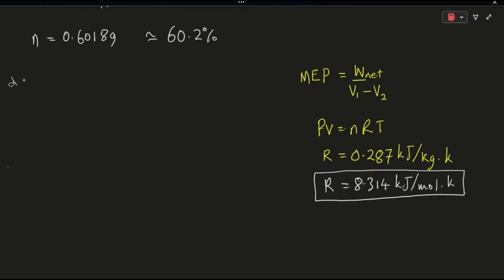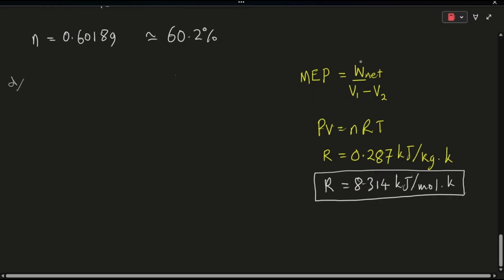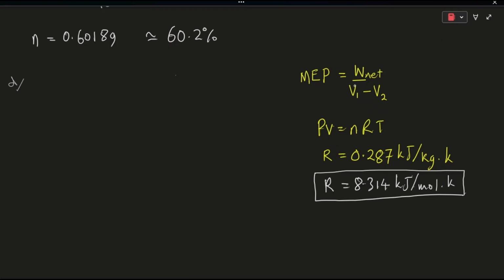So for the D part of the question, we say that we know of the net work output. So let's determine the volume at point 1 and point 2. Now, at point 1, we assume N is equal to 1 because we're dealing with air standard Otto cycle.